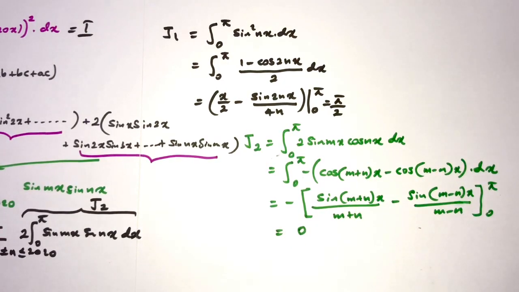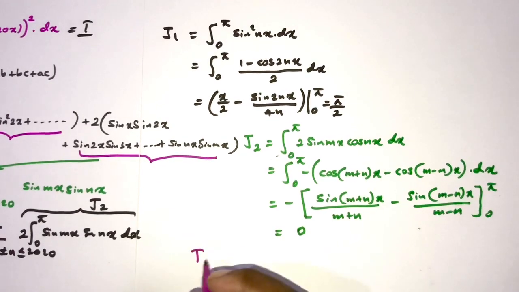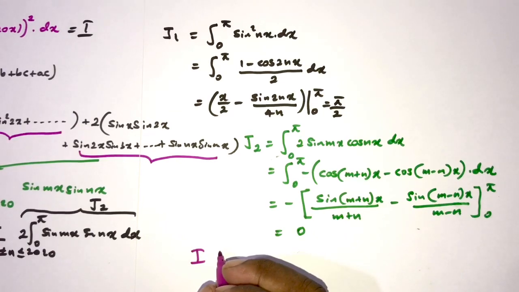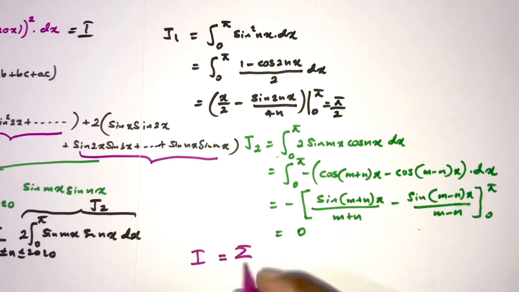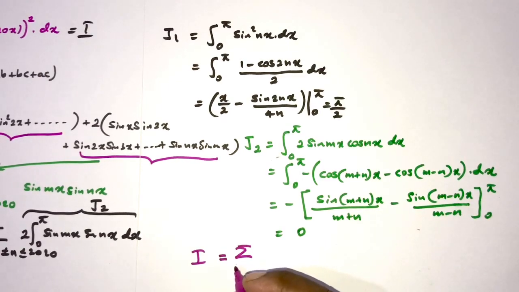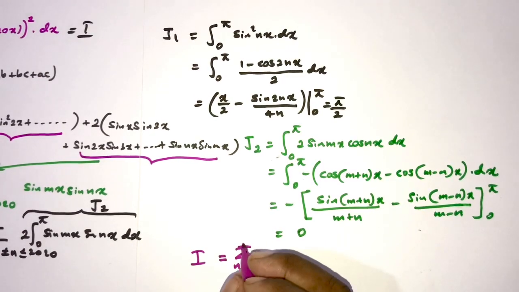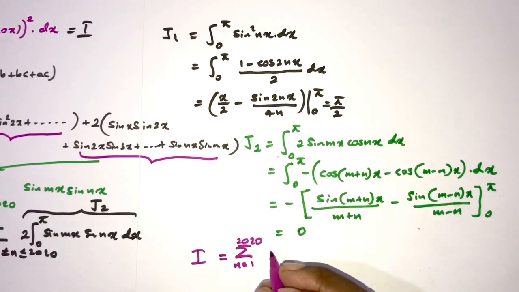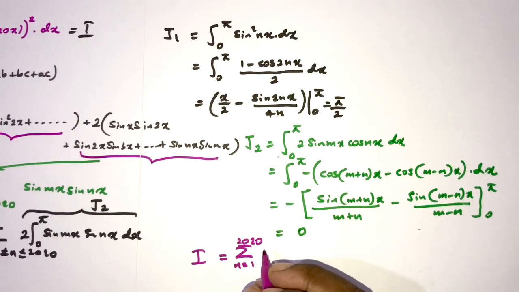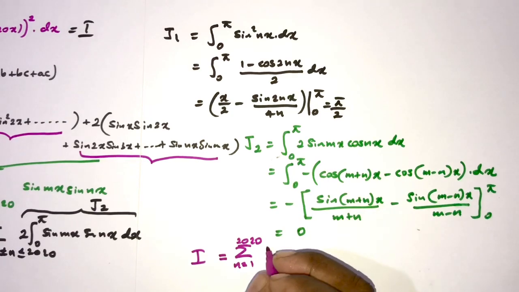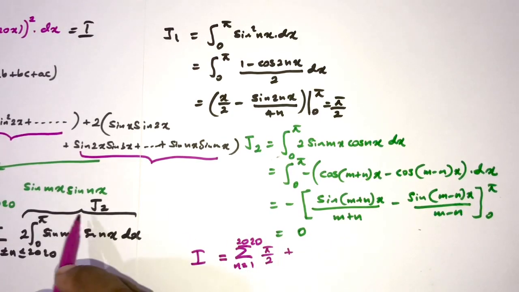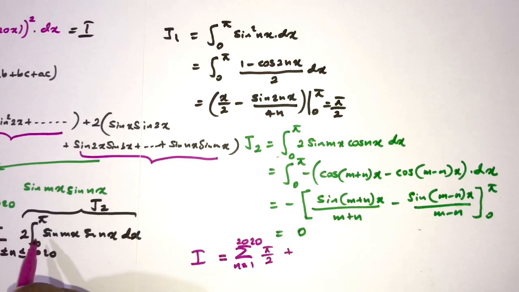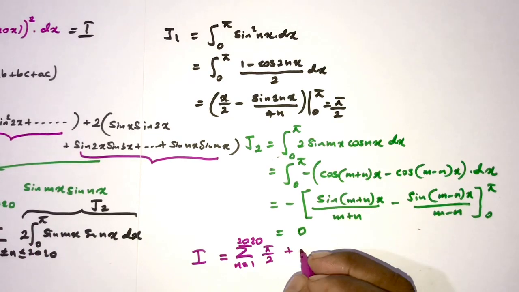Now our integral I is equal to the sum of n equals 1 to 20 of j1, which is pi over 2, plus j2, which is 0.